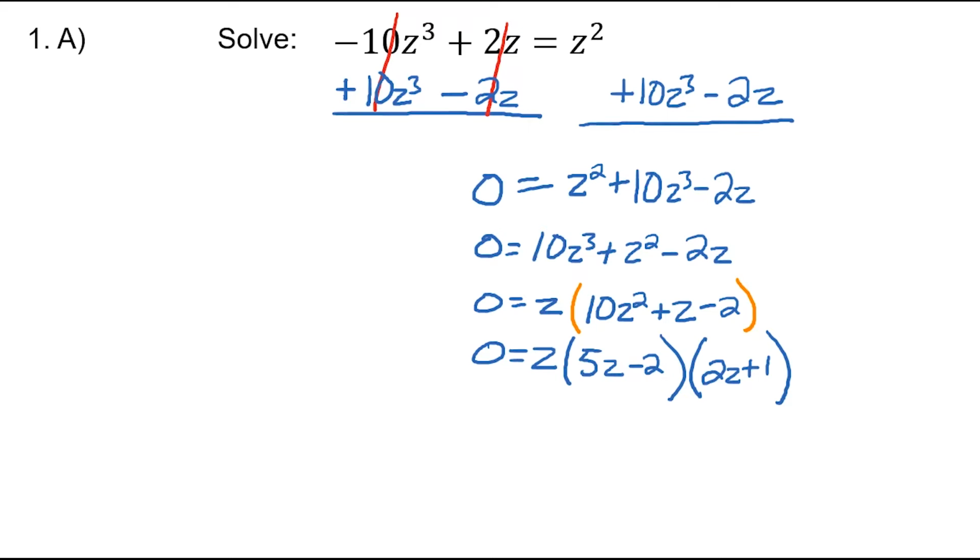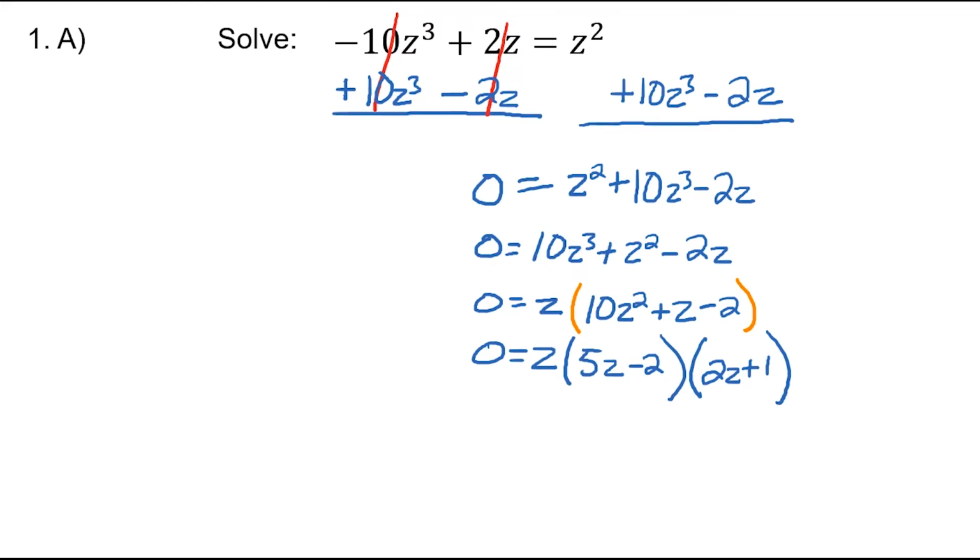And when you multiply all these together, there is a solution where if you plug in the correct solution for z, it should result in 0. So here we're going to rely on the multiplication property of 0.